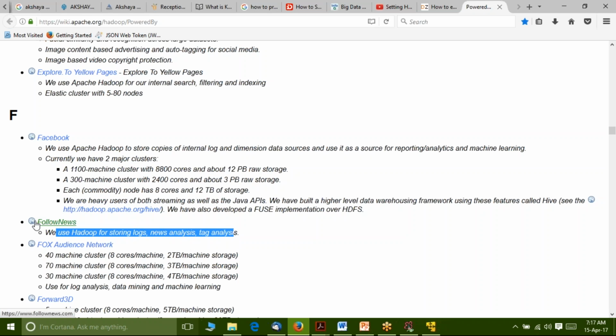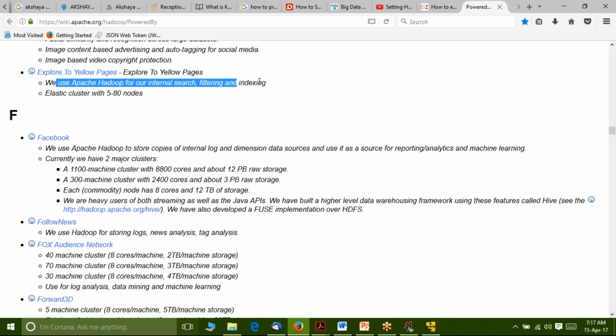That is what the Follow News organization is using Hadoop for. Now, when you are planning for Hadoop, you will come to know very clearly. You also see here, Yellow Pages: we use Apache Hadoop for our internal search, filtering and indexing, each elastic cluster with 5 to 80 nodes. That is what they are using.